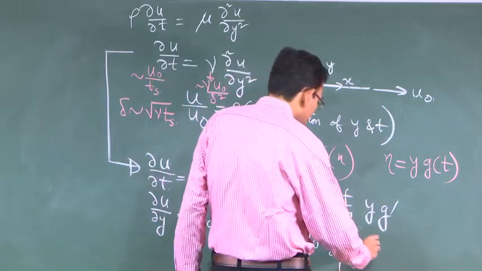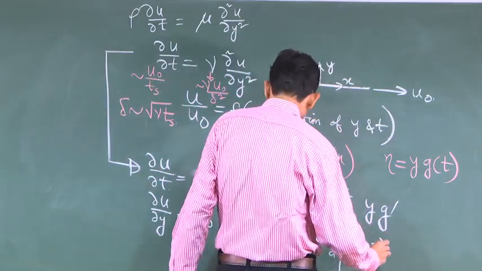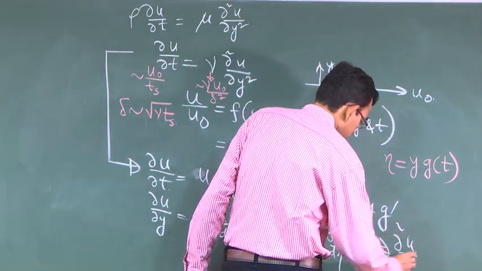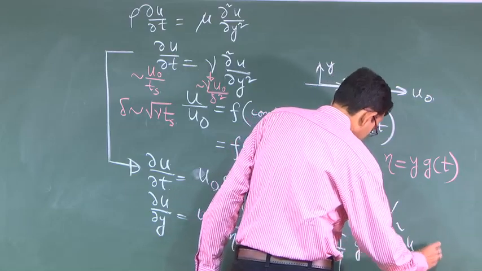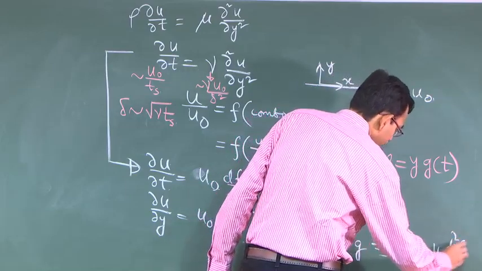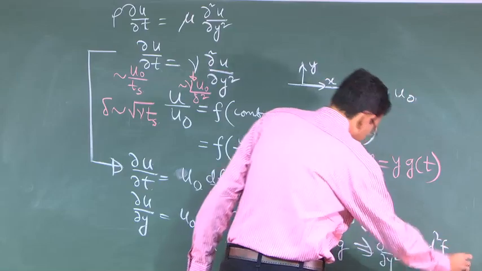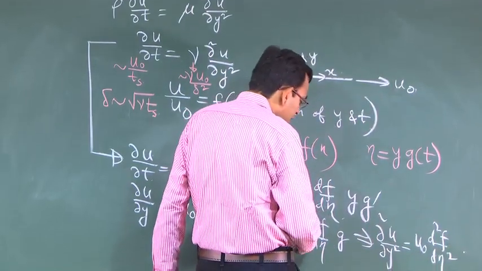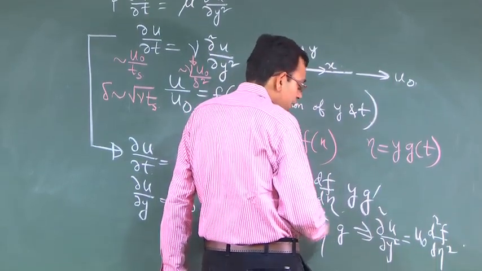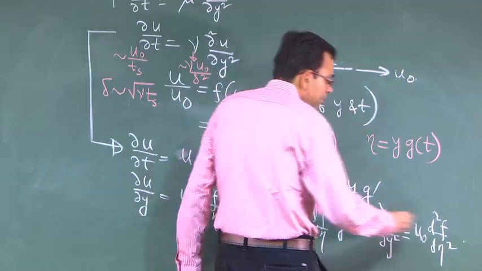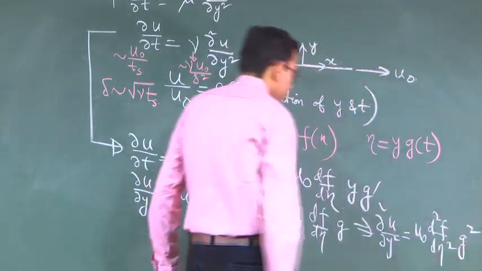So its second derivative will be u0 d2f d eta 2. So you make it d eta of this into del eta del y, there will be another g coming up, so this will become g square.